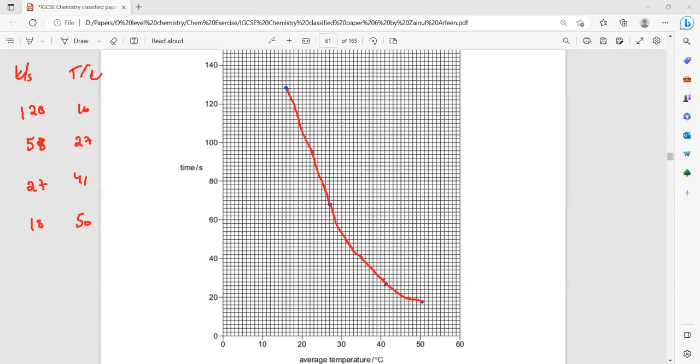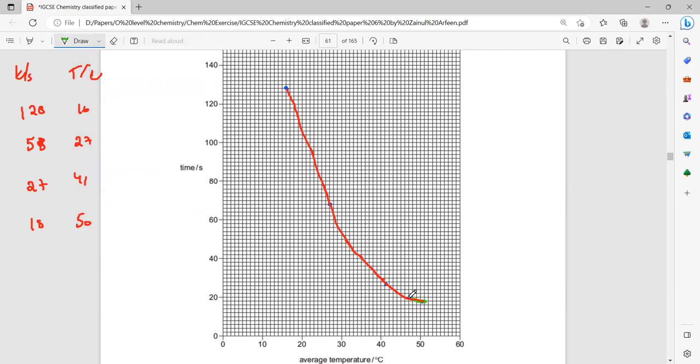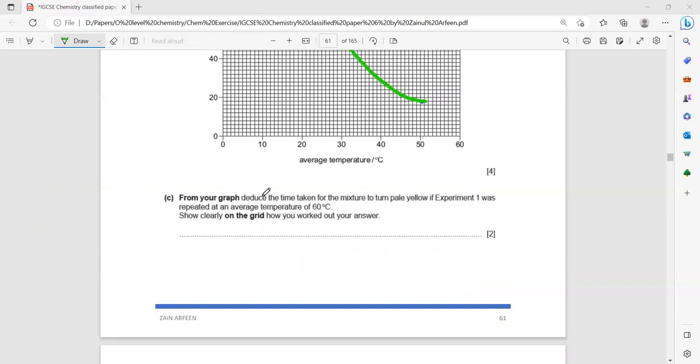So this one is a graph for the results. From your graph, deduce the time taken for the mixture to turn pale yellow or a light yellow if experiment 1 was repeated with an average temperature of 60.